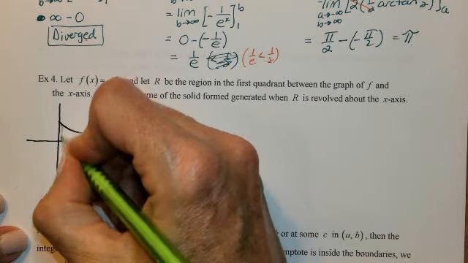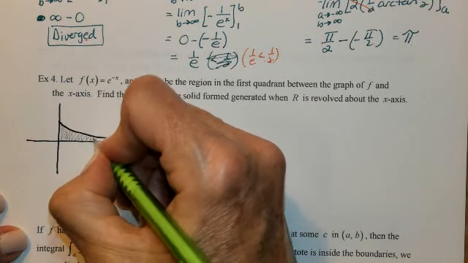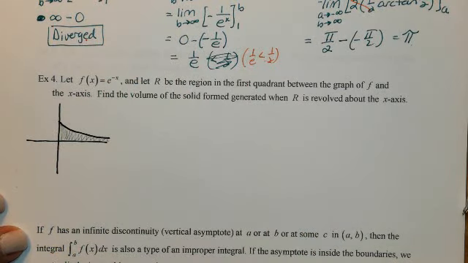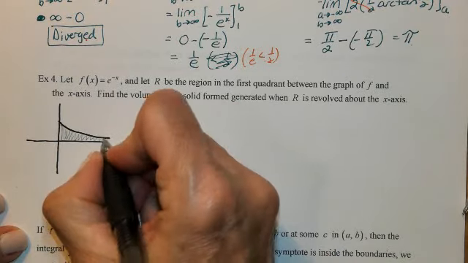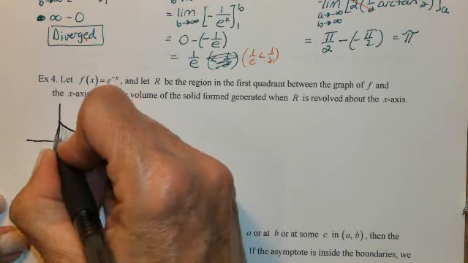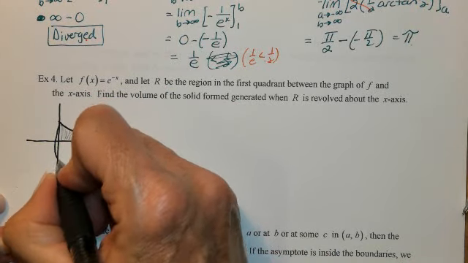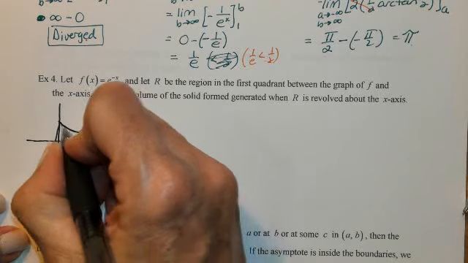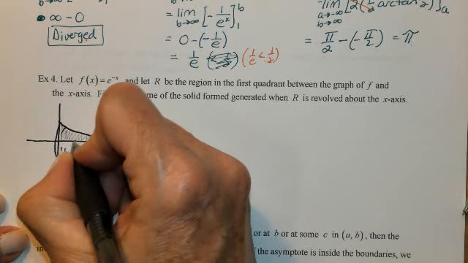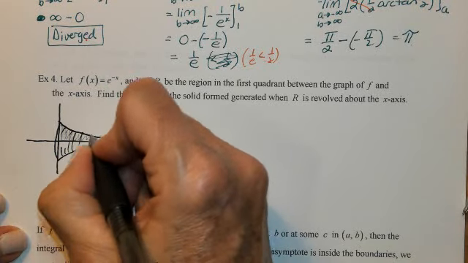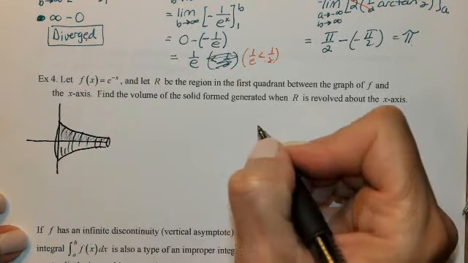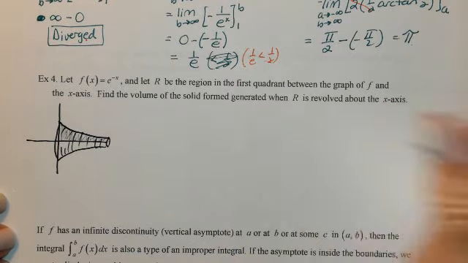So this is our region, and we're going to revolve it around the x-axis. Do you see where it's going? Okay, we're supposed to find that volume.